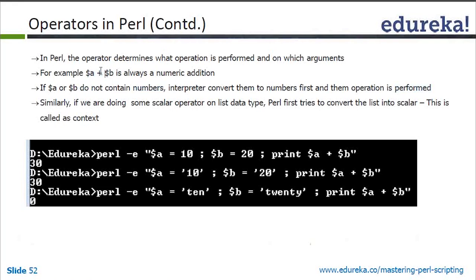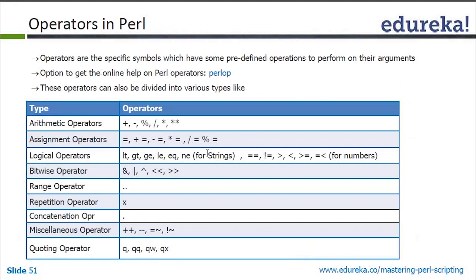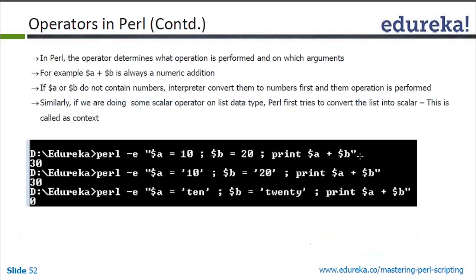This plus operator is numeric. The arithmetic operators are only for numeric values, but if you want to compare strings, you can use lt, gt and so on. If you use greater than or equal to, it is only for numbers. This logic is defined internally by Perl: arithmetic operators need arithmetic expressions on both the left and right hand sides.